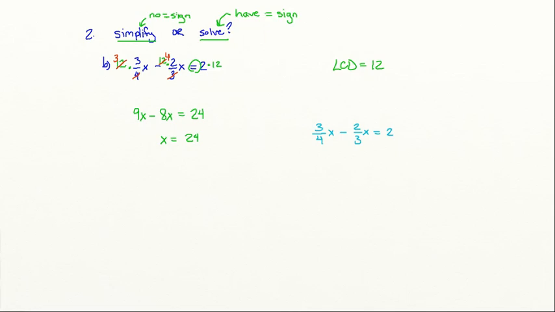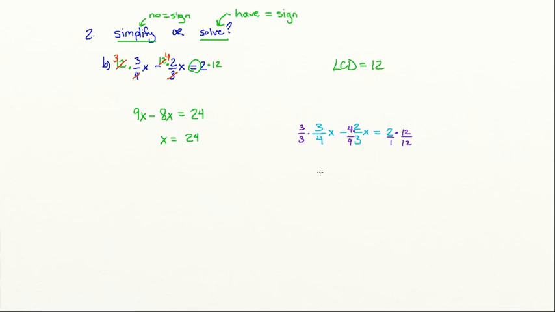I'll show you the other method as well. So the other method is to still use the lowest common denominator of 12, but I'm going to multiply everything to make the denominator 12. So for the first fraction, I'll be multiplying it by 3 over 3. Second fraction will be multiplied by 4 over 4. Third fraction, multiplying by 12 over 12. Remember, that's 2 over 1.